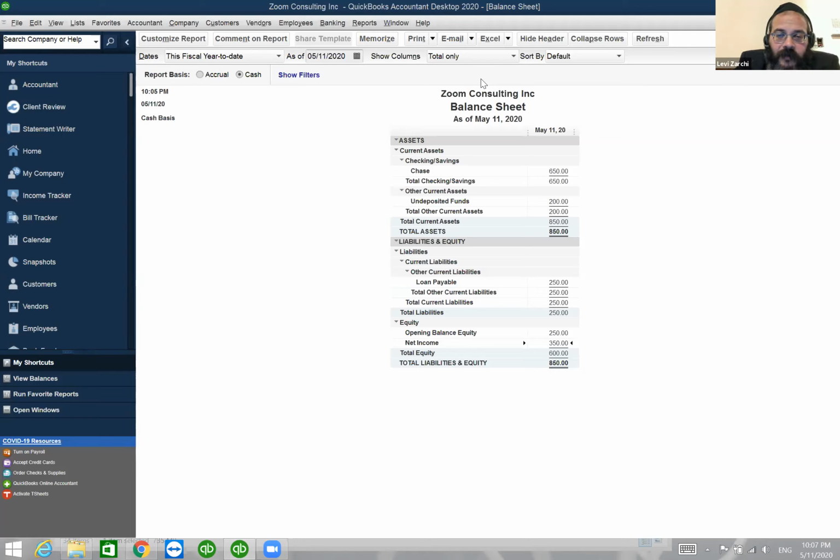The main point of giving an example is how we retain the earnings. Retained earnings will be in the year, and the accrual, if it was accrual, will be in the year you earned the income, and in cash it will be in the year you received the income. It's just really plugging the bottom line of that income into the balance sheet.